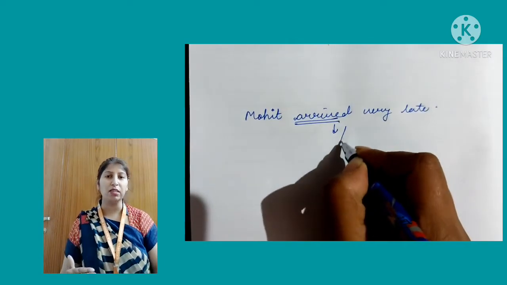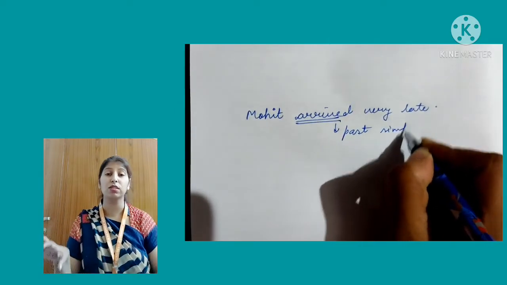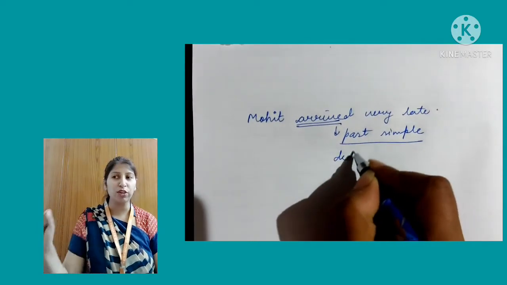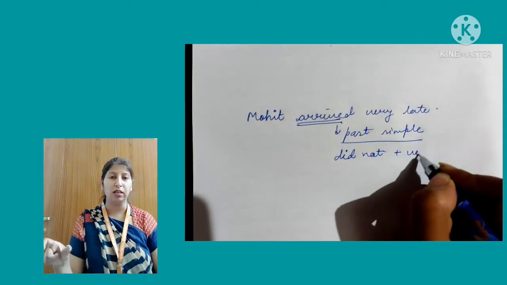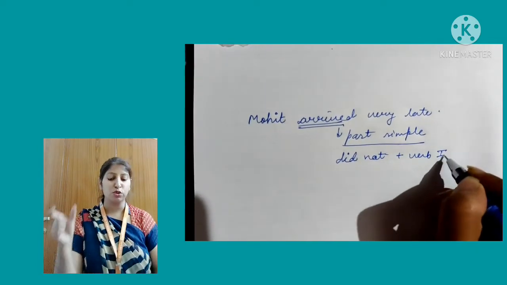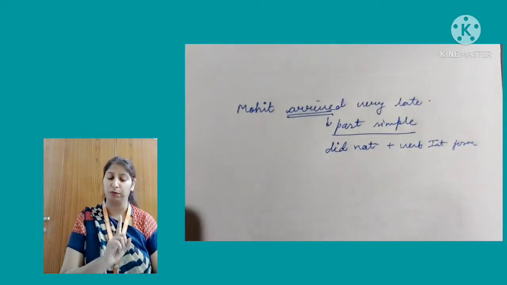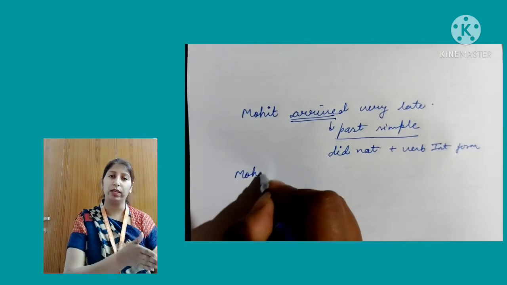In the past tense, to make negative sentences, we use did not. So Mohit did not, and because did is the second form of do, we use the first form of the main verb. Mohit did not arrive very late.